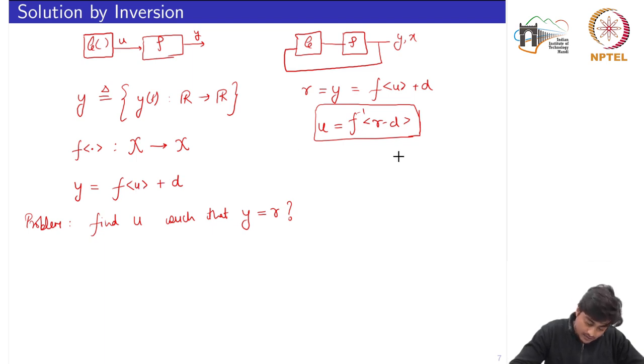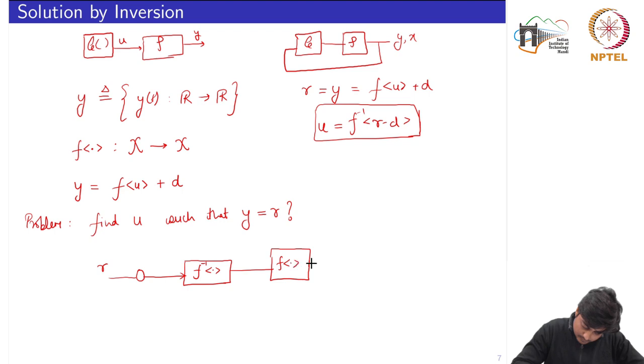Now if we try to implement this control signal, we would have the reference signal, the controller as a function of the input signals, and u, so this is overall y.